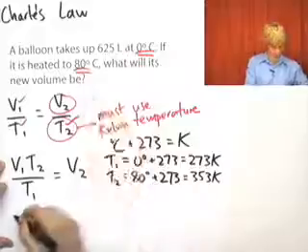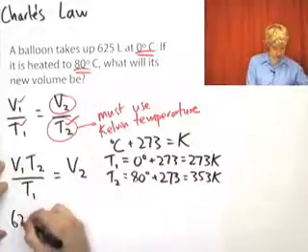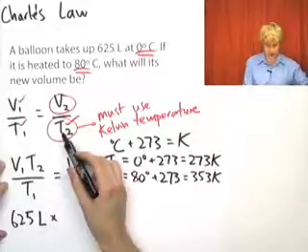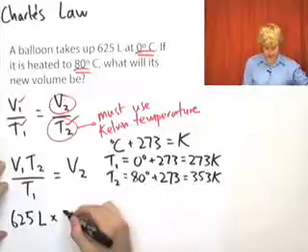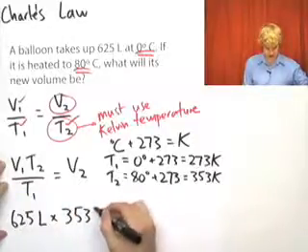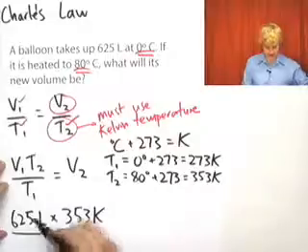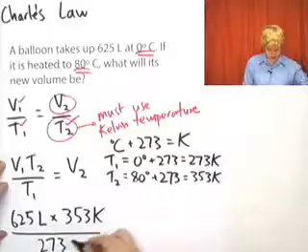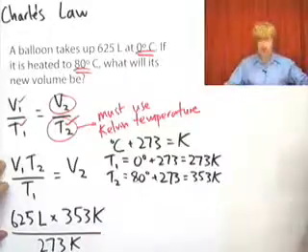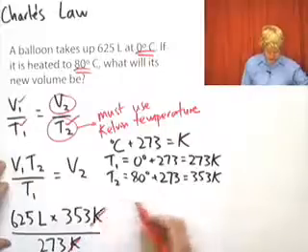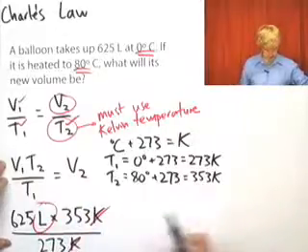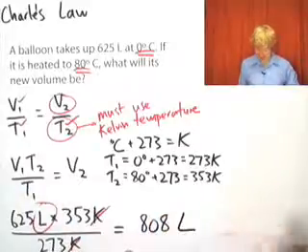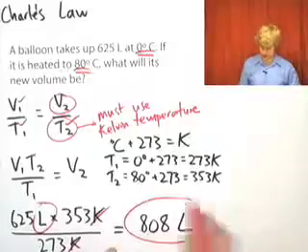V1, our initial volume, is 625 liters times our T2, which is, in kelvins, 353 Kelvin, divided by T1, which is, always use a Kelvin temperature, 273 Kelvin. Let's look at what happens to our units here. The Kelvin cancel out, so our final answer is going to be left in liters, and the answer to this is going to be 808 liters, rounded to 3 significant figures.